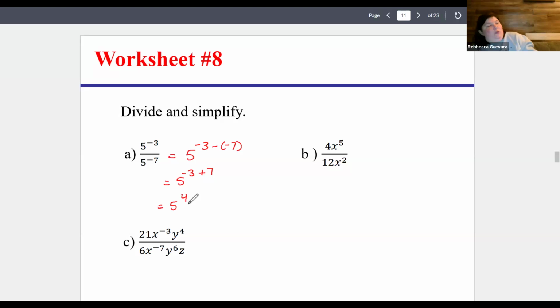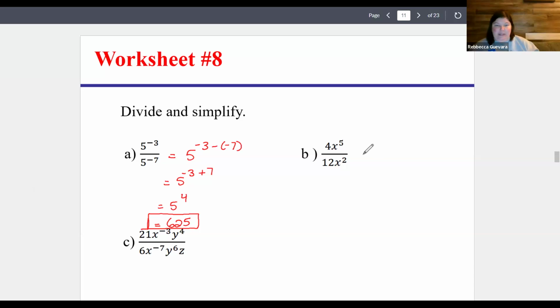So if we have a number to a power and not a variable, then we like to figure out what that number is. If you have your calculator out, 5 to the power of 4 is actually 625. So because I have a number to a power, I just like to figure out what that number is. When it's a variable, we don't have to worry about this part.